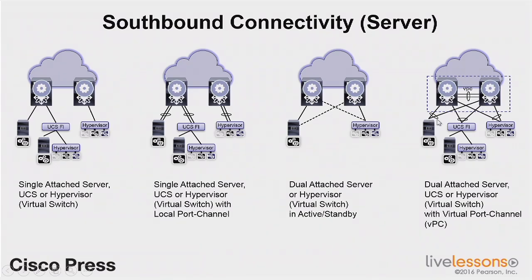So now I can take a connection and connect one to leaf 1, a second physical connection to leaf 2, run VPC here at the top of rack leaf, and form an LACP port channel from each of the downstream devices, to where this gives me link and node level resiliency and failure.